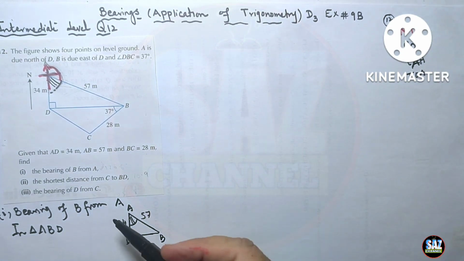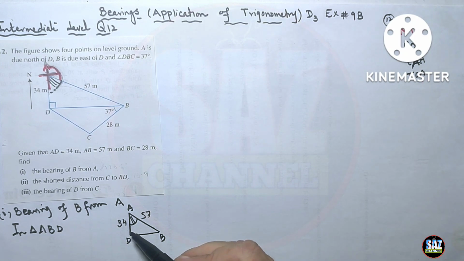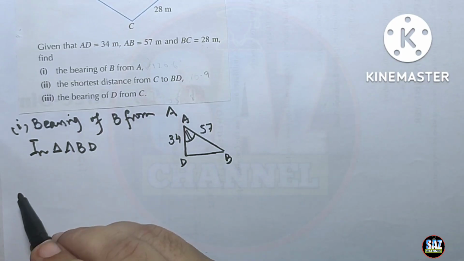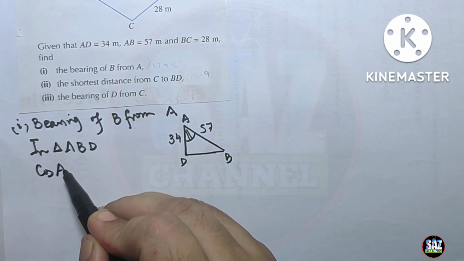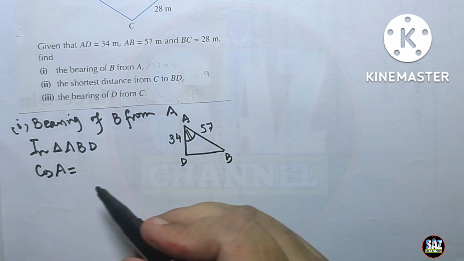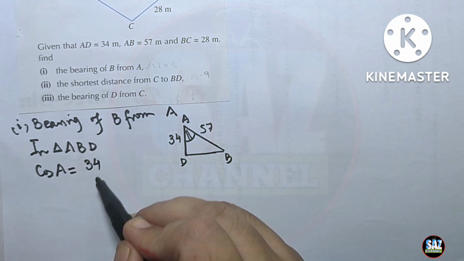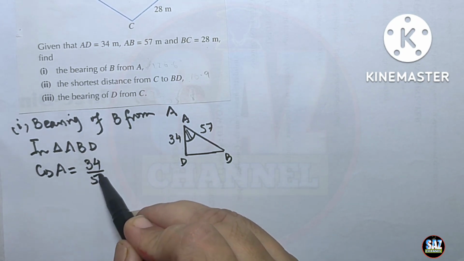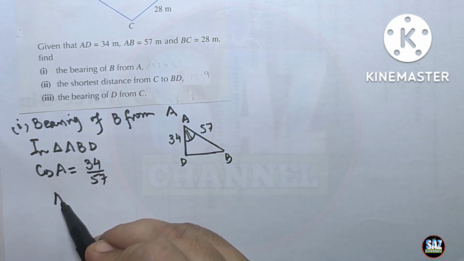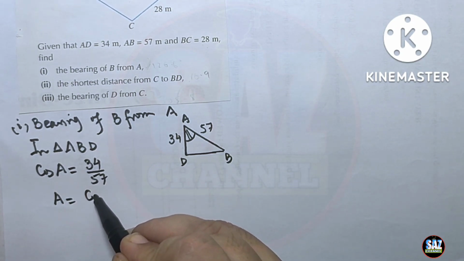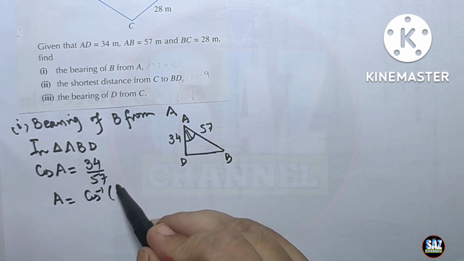We are given the adjacent, so it means we have to apply the cosine trigonometric ratio. So cos of angle A will be equal to adjacent 34 upon 57. So angle A is cos inverse of 34 by 57.